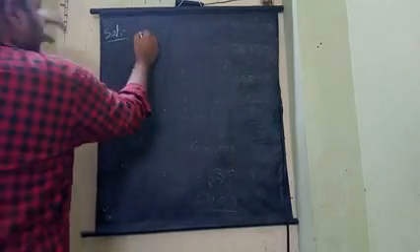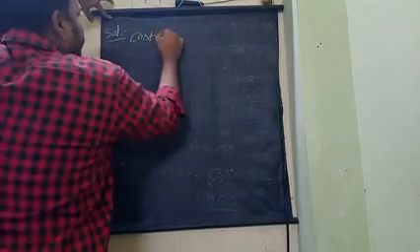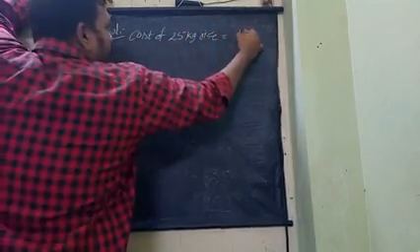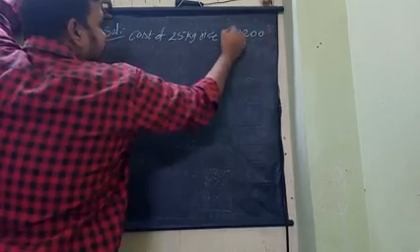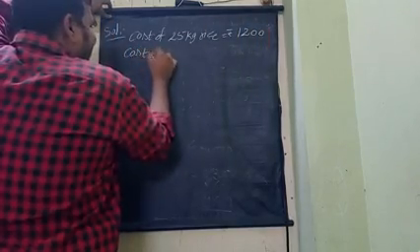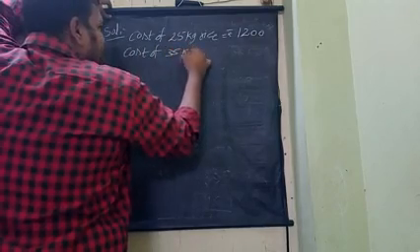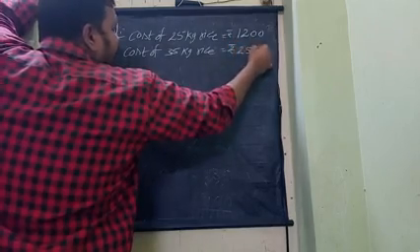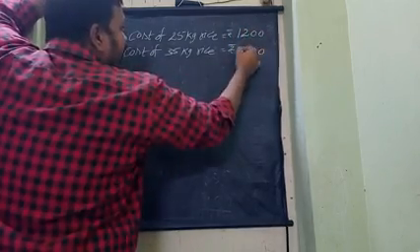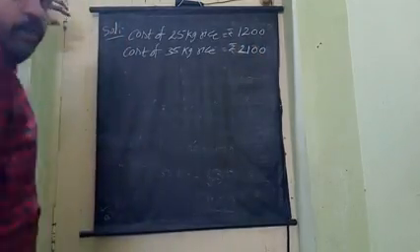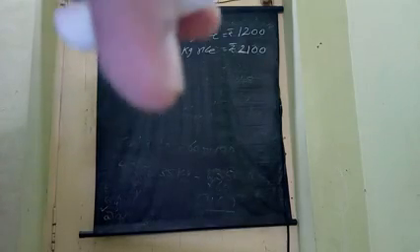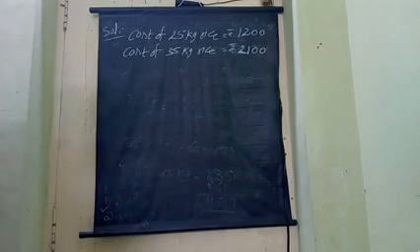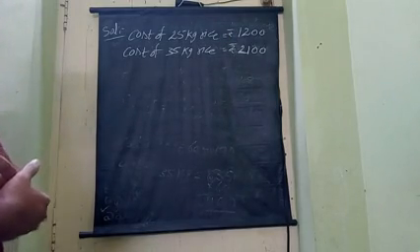So here is the continuation of the sum. Cost of 25 kgs rice is equal to 1200 rupees. Cost of 35 kgs rice is equal to 2100 rupees.